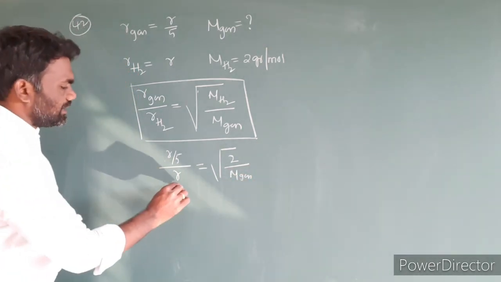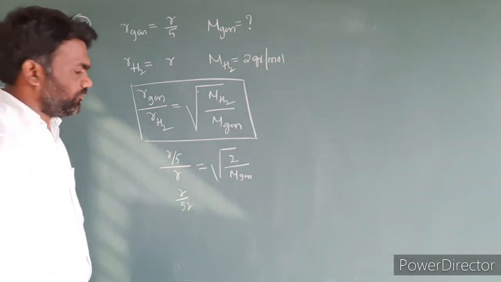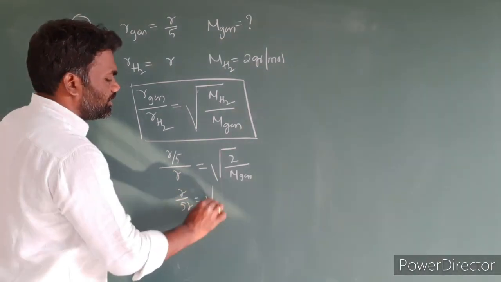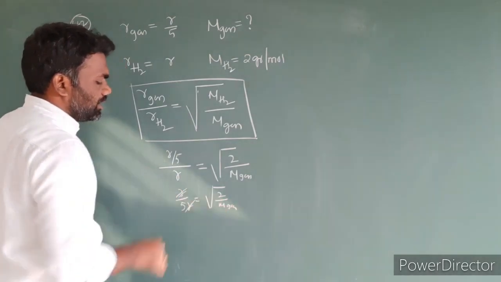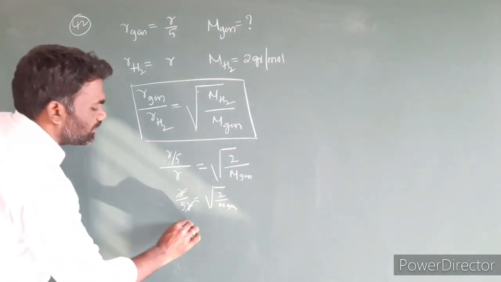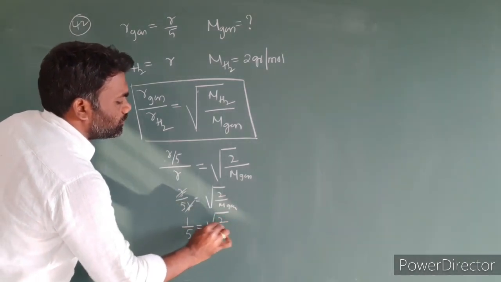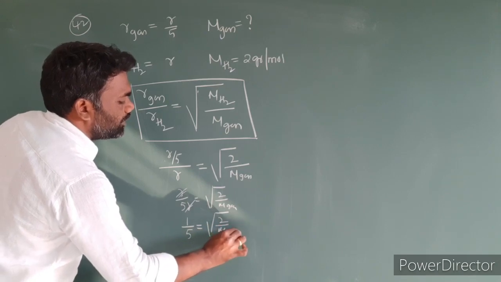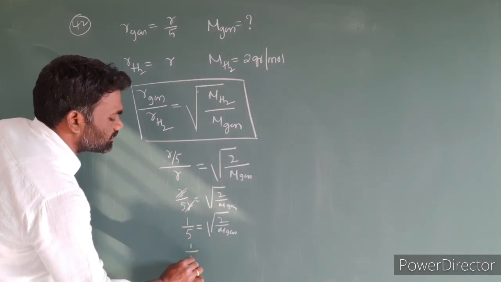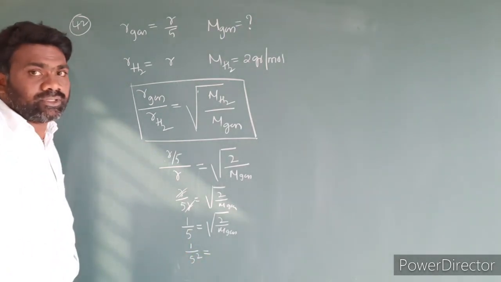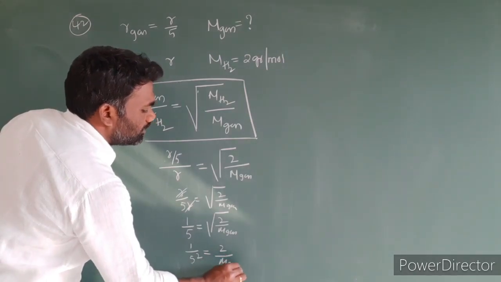So R by 5R is equal to square root of 2 by molar mass of gas. R cancelled, then 1 by 5 is equal to square root of 2 by molar mass of unknown gas. Squaring on both sides, we get 1 by 5 square is equal to 2 by molar mass of unknown gas.